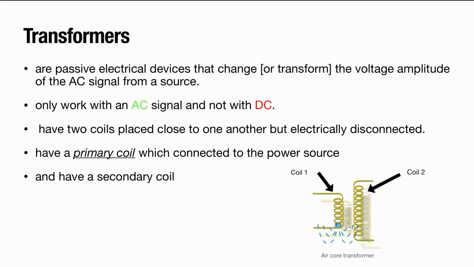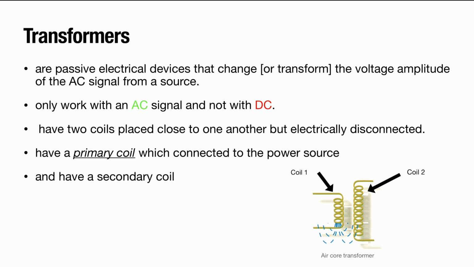Now let's discuss what a transformer is. A transformer for our purposes and in general is known as a passive electrical device. This device, however, has the ability to change the amplitude of our voltage, and also of our current.